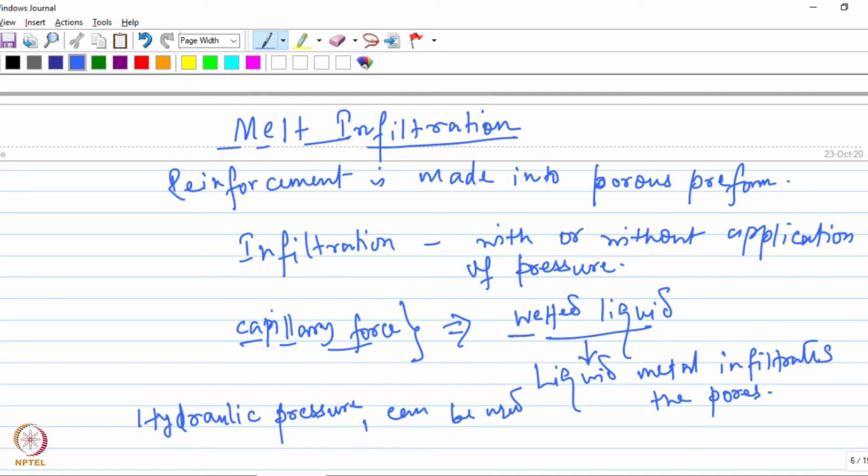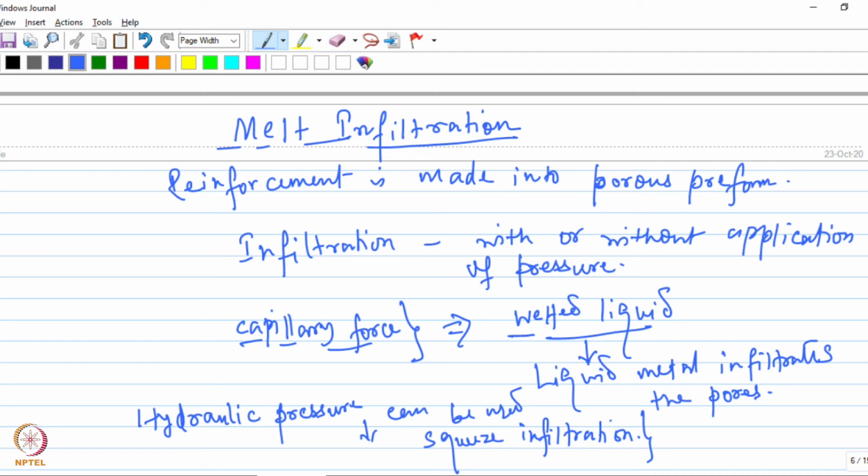And when you do this, such a process is also known as squeeze infiltration, which indicates that the liquid is being squeezed or infiltrated into the preform by application of external pressure.